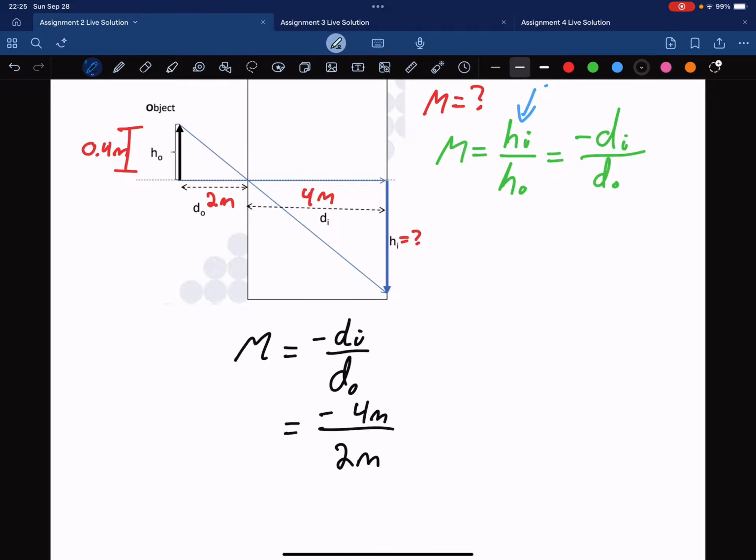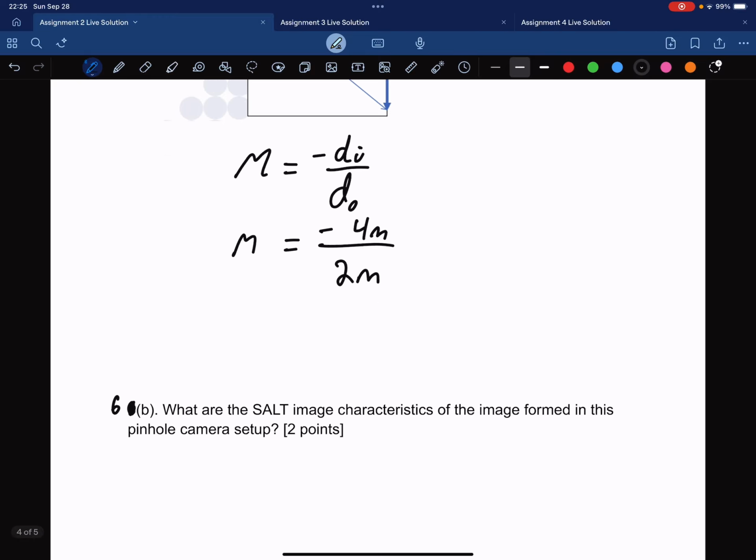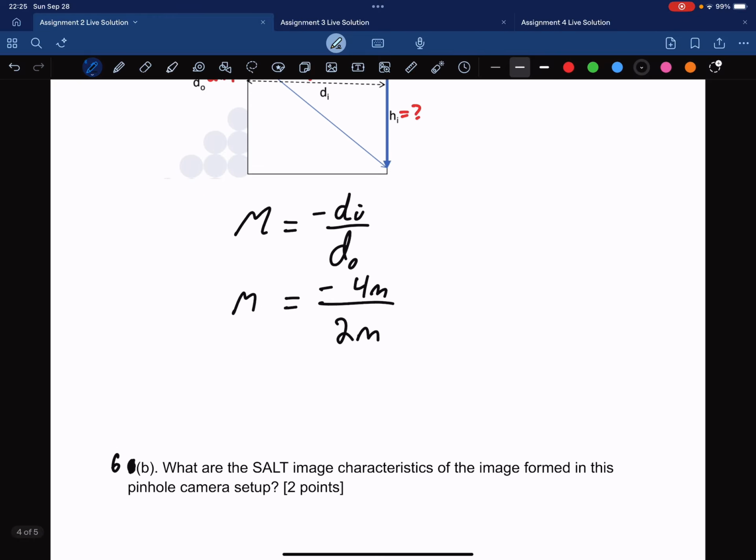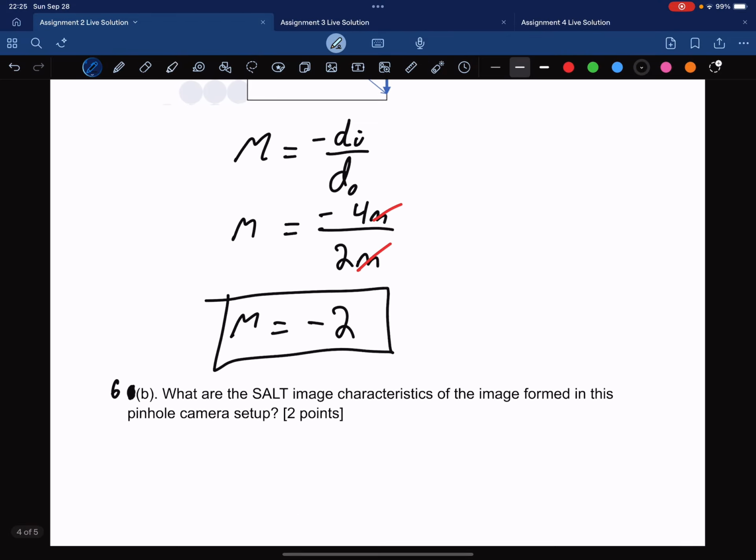So if I go ahead and do that math, I get m equals -2. Now, do note the units cancel out. So magnification was -2 for that problem.